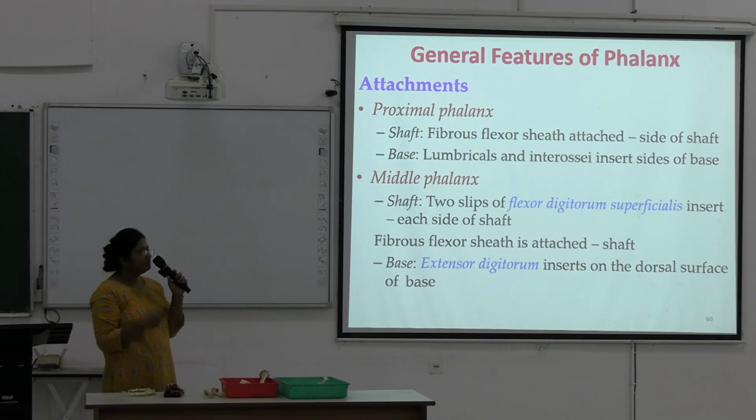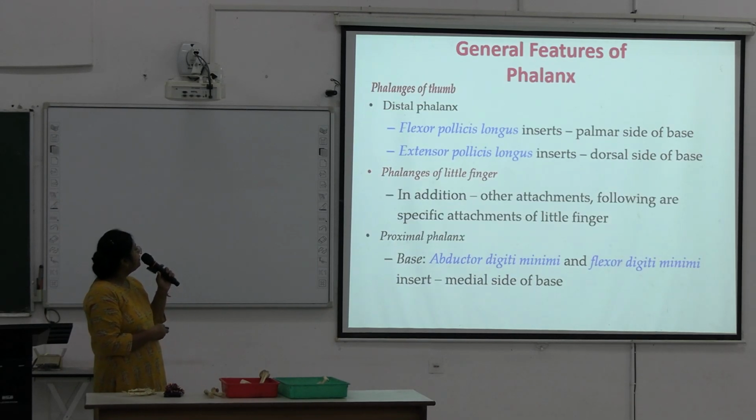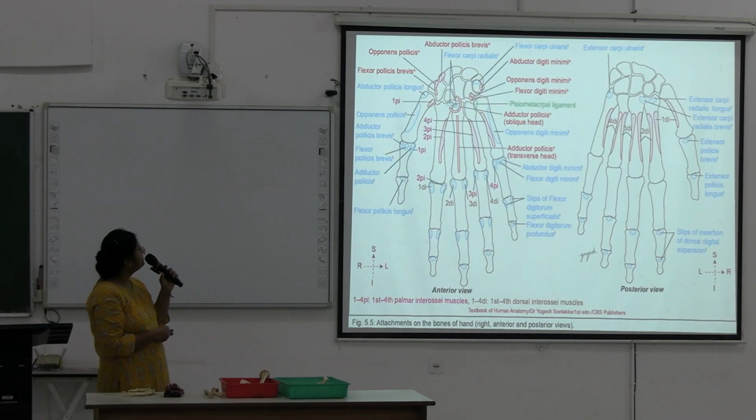All these muscles you have seen in this picture of the muscle attachments. See here, this is the posterior view. So here you will get the extensor muscles. Here is the insertion of the dorsal digital expansion.